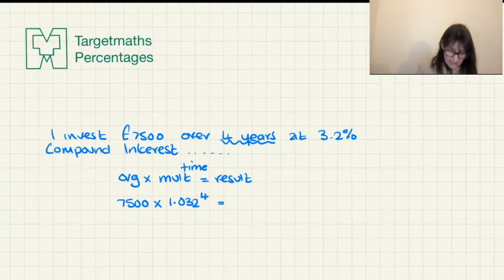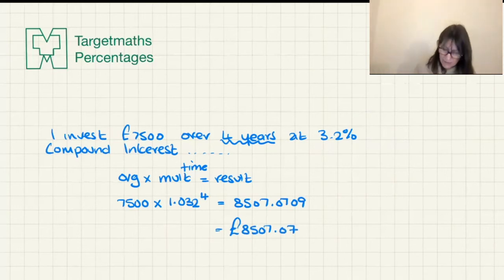And that is going to give you 8507.0709 when you put it in the calculator. So my final answer is 8507.07. Must make sure I give my answer as money.